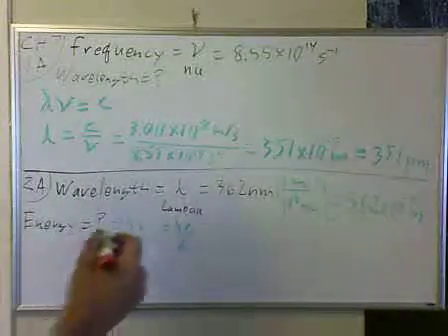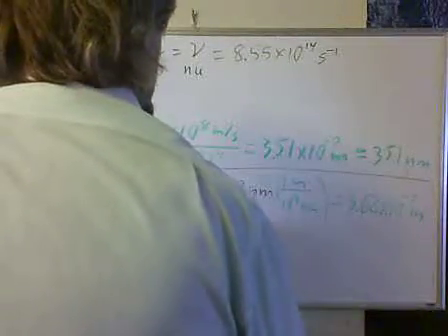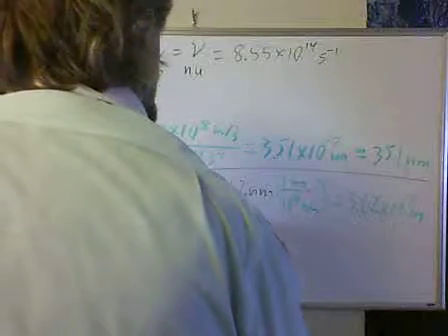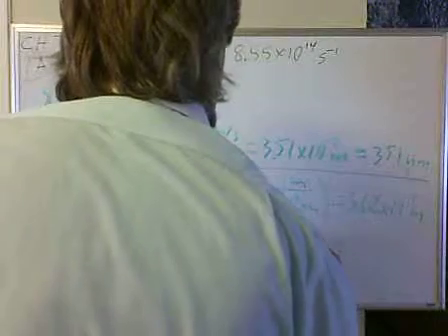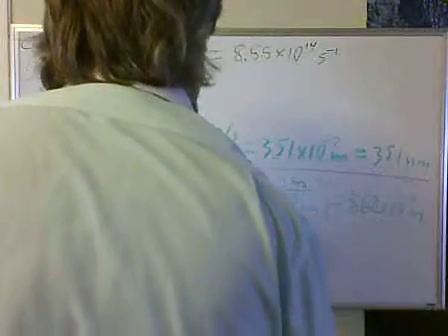Planck's constant is 6.626 times 10 to the minus 34 joules seconds.